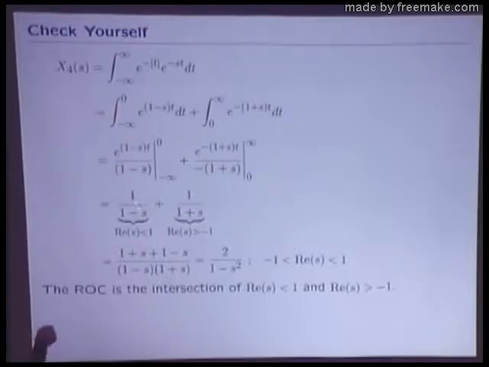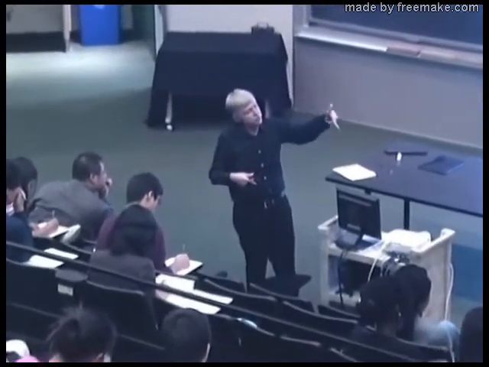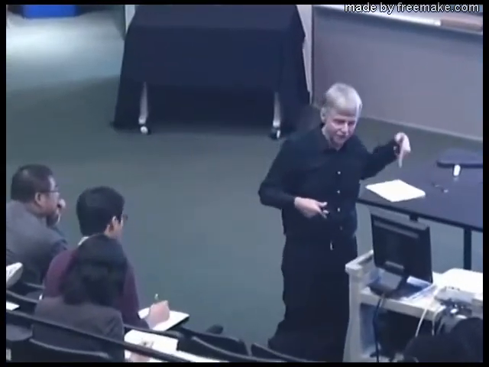So we see that this part looks like a pole at 1, so we're going to get a part of the transform that has a pole at 1, and it's going to be valid for regions in S space to the left of 1, okay?